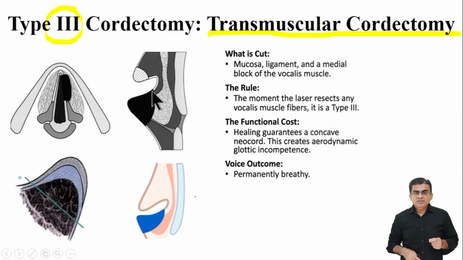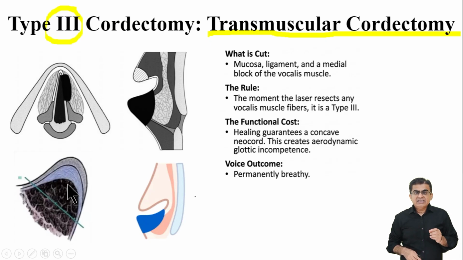Medial block of the deep muscle is also cut here. I want you to remember one absolute rule regarding this classification. The exact moment your laser cuts into or removes any fibers of the vocalis muscle, your surgery is immediately classified as type 3.